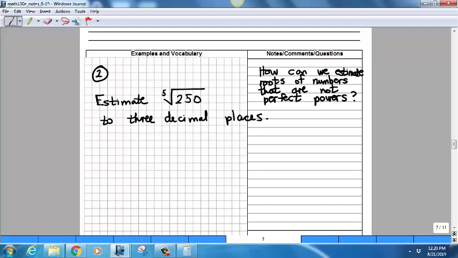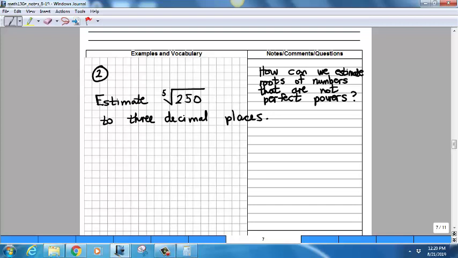Well, obviously, we're going to have to resort to what? No, that's trying to simplify by hand. Here we're just trying to estimate what the fifth root of 250 is, just as an estimate. How big is that?